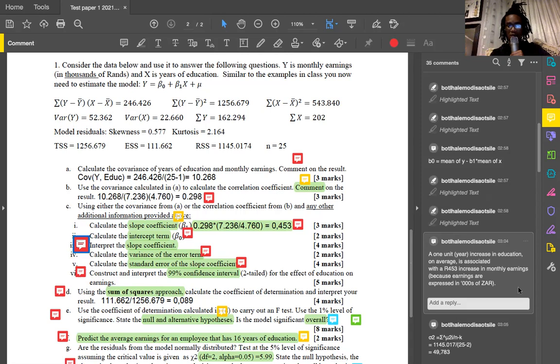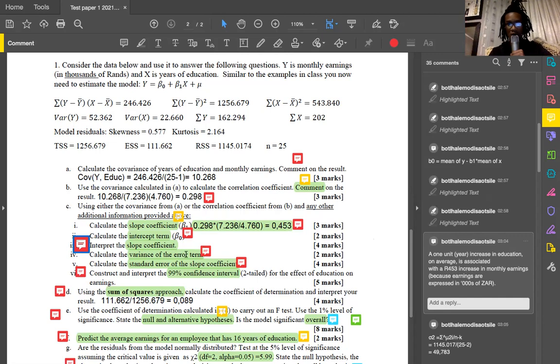Notice the slope coefficient is 0.453. You multiply that by 1,000 because earnings are measured in thousands of rands. So you multiply that by 1,000 to interpret it as an increase in monthly earnings. So it's 453 rands and not 0.453 rands.